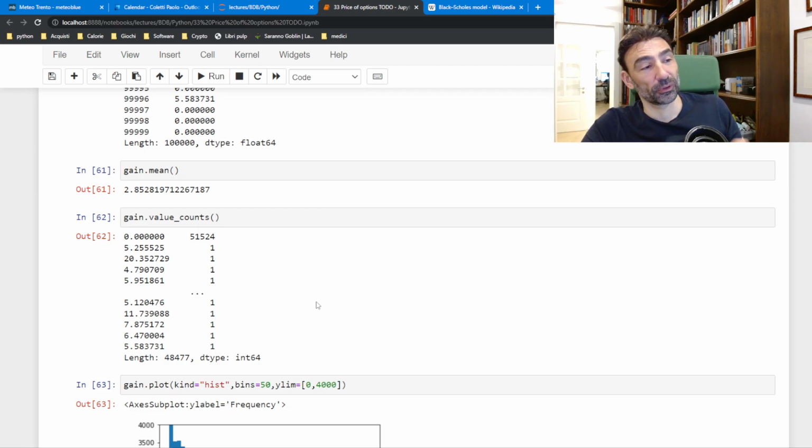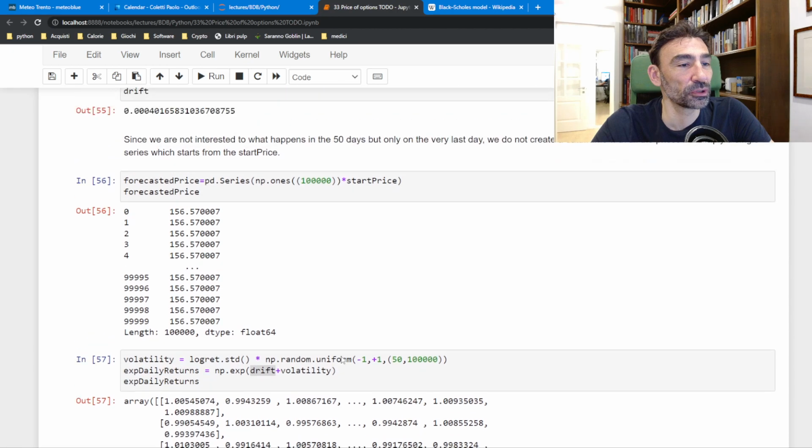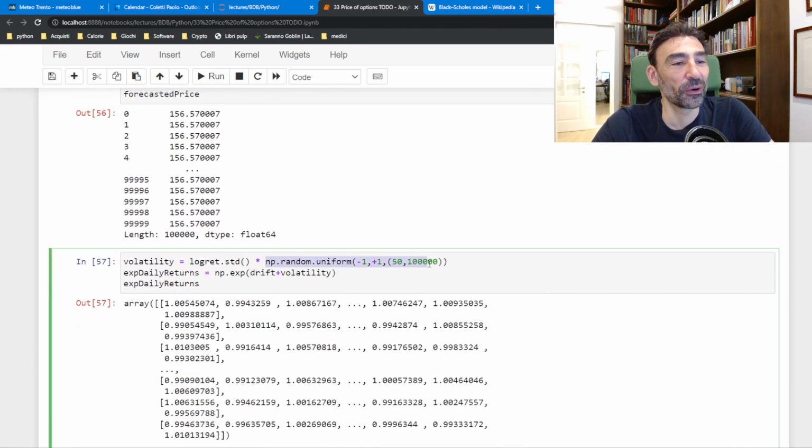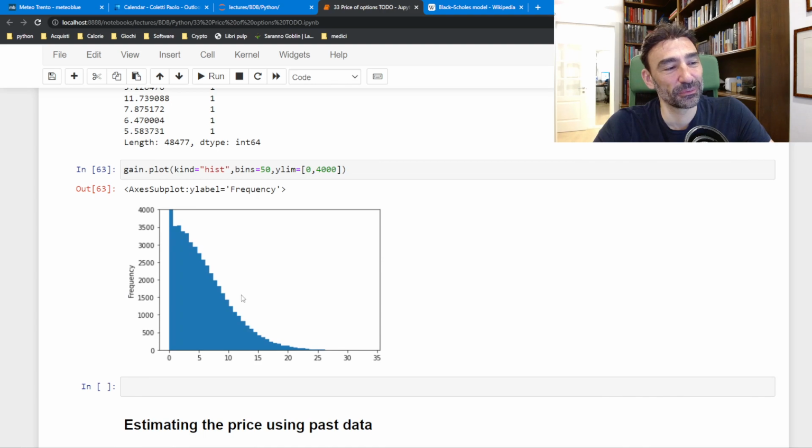So probably the effect is that the uniform distribution here is very optimistic. In real life, prices fluctuate much more. And if it fluctuates, it's a big advantage if you have a call option. Because if a call option fluctuates, most of the time you will probably gain 0, but when you gain, you gain a lot.